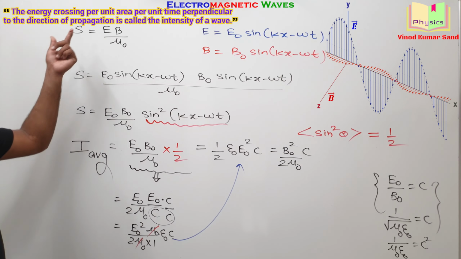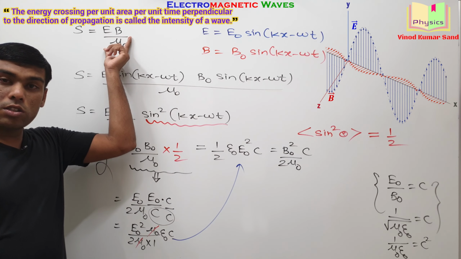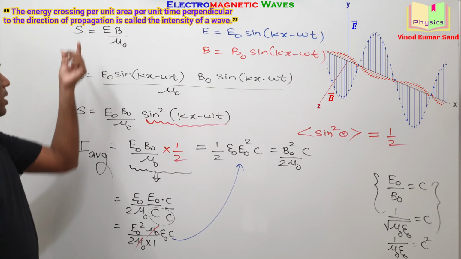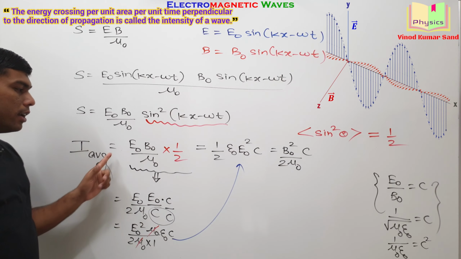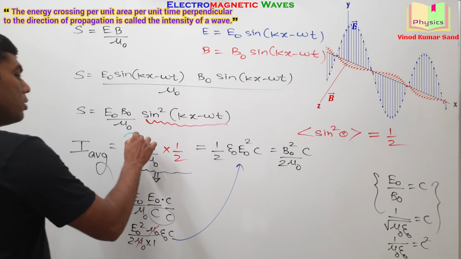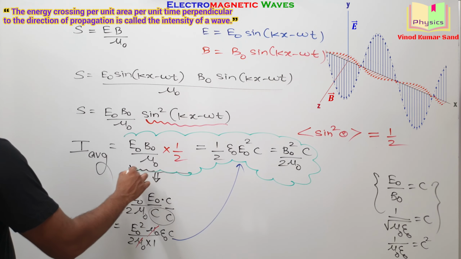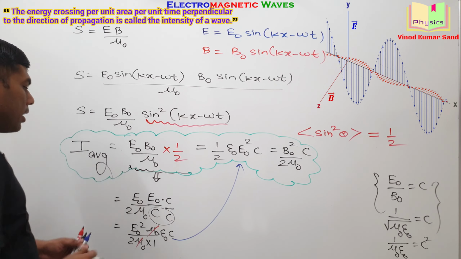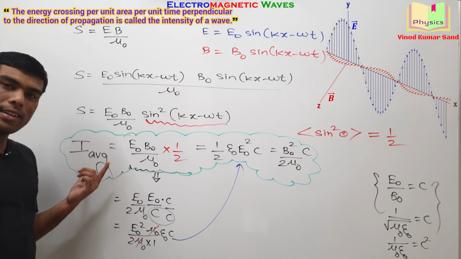If you need the magnitude of the Poynting vector, you can use this formula, and this magnitude is technically equal to the intensity. Average intensity will be given by these expressions. I recommend you to learn these formulas. Mainly in the questions we'll be using these formulas, and generally in the questions you will find the word intensity.